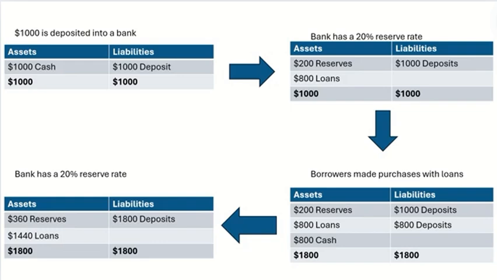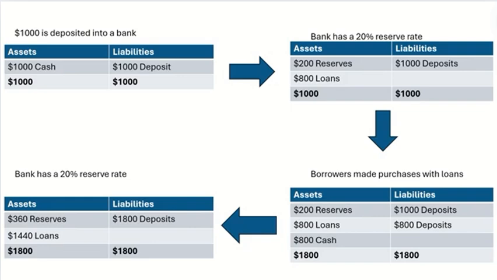So that's why assets increase $800 in cash, and liabilities increase $800 under deposits, and this will increase your balance to $1,800.